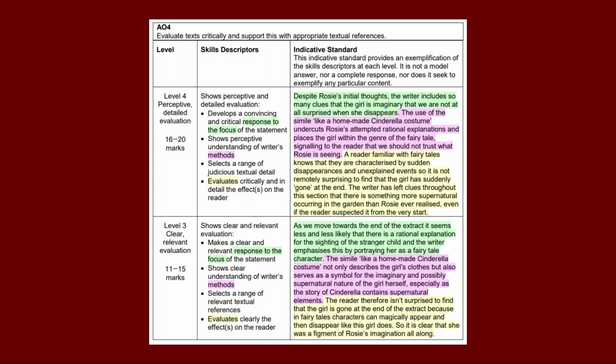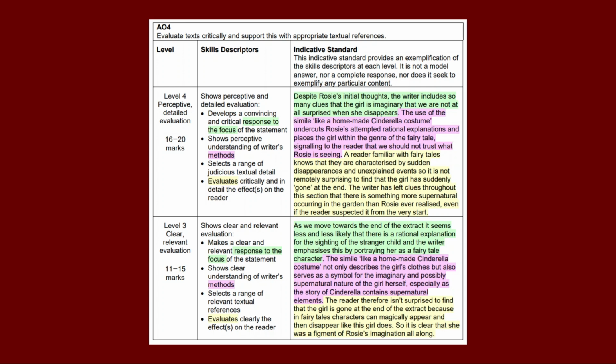And it evaluates critically the effect on the reader, which basically means you have developed a critical voice, so maybe there is something slightly different to just analysing what's going on. A reader familiar with fairy tales knows that they are characterised by sudden disappearances and unexplained events.